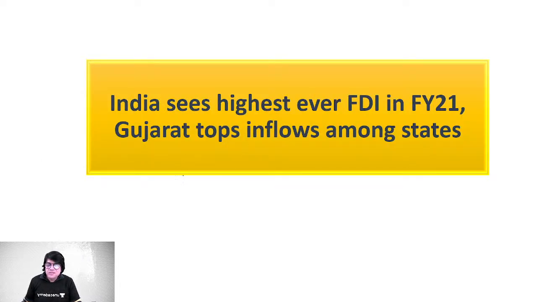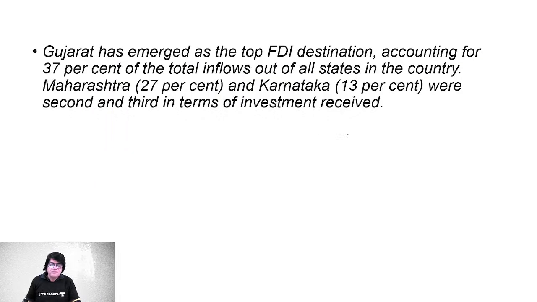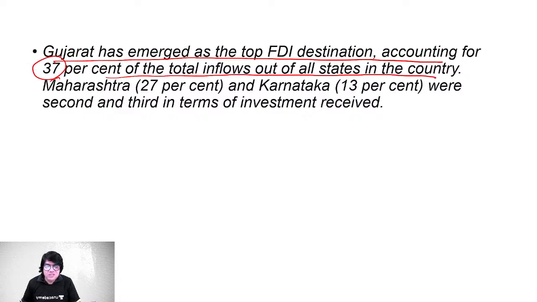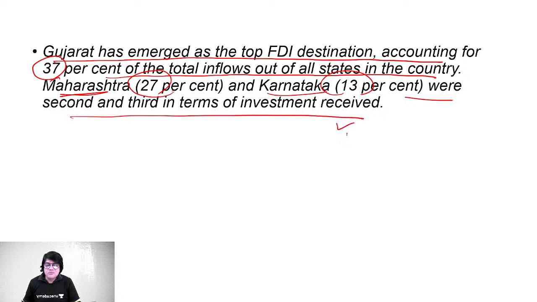Now, if we look at the highest ever FDI, Gujarat tops inflows in the financial year 2021. Here, Gujarat, I already mentioned to you, has emerged as the top FDI destination, accounting for 37% of the total inflows out of all states in the country. Maharashtra 27%, Karnataka 13%, are the second and the third in terms of investment.